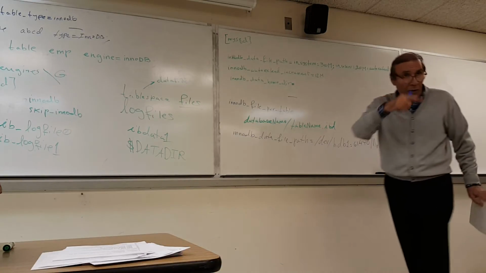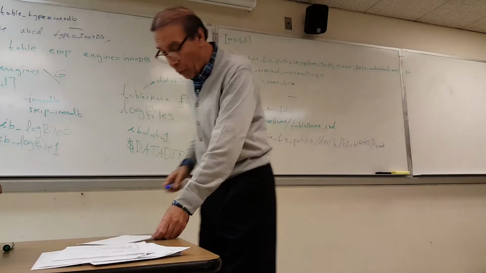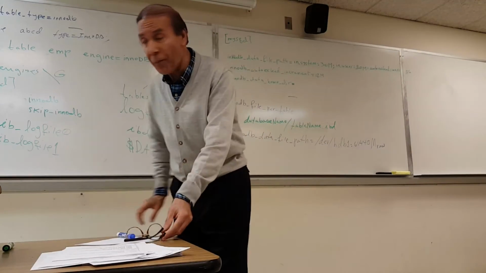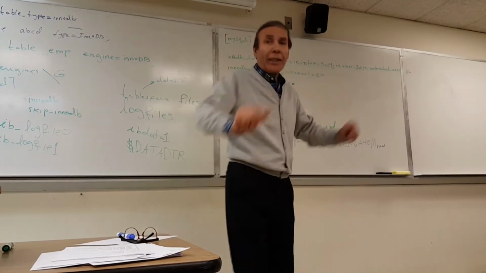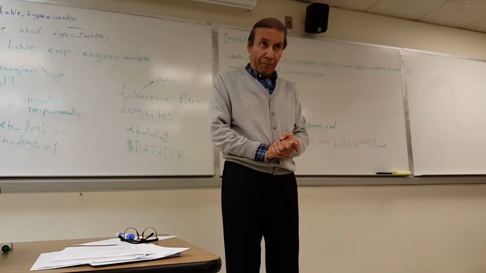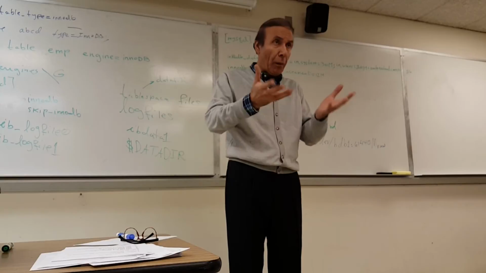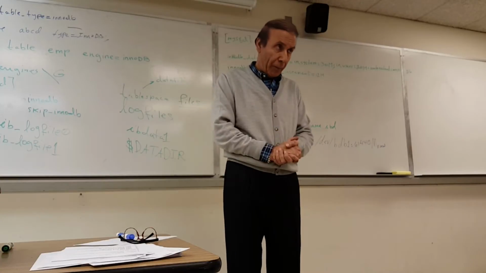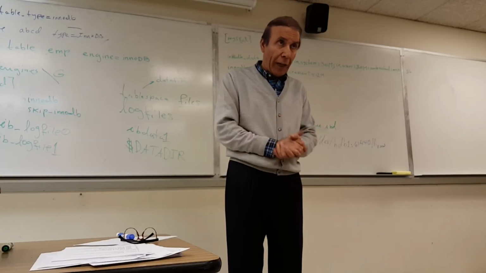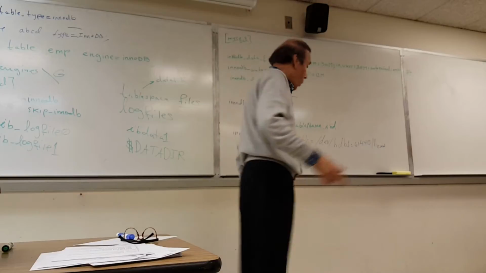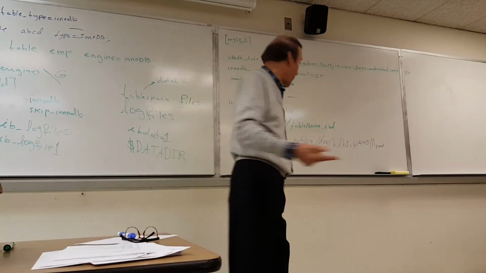I'll go over this process one more time in slow motion. Shut down the server. What I'm saying server, it means MySQL server. Shut it down. You know how to do that. Go to your configuration file.